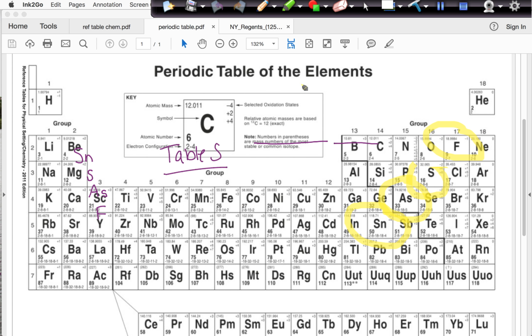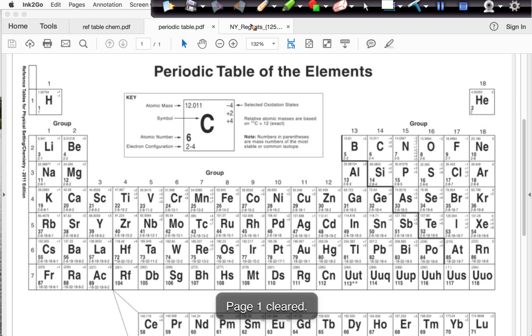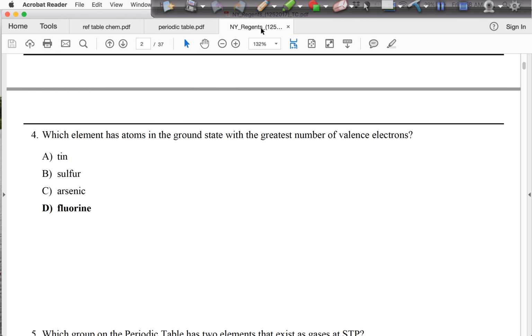Tin's last number is 4, arsenic's last number is 5, sulfur's last number is 6, and fluorine's last number is 7. So that means that fluorine has 7 valence electrons, which was the highest number. So we're going to go back to the question and say, okay, fluorine is the one that had the most valence electrons.